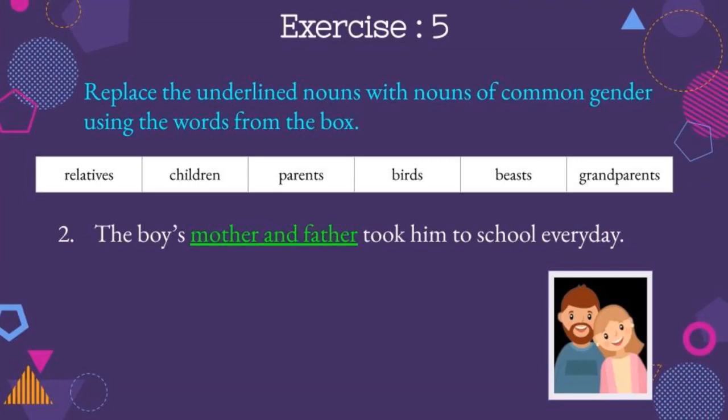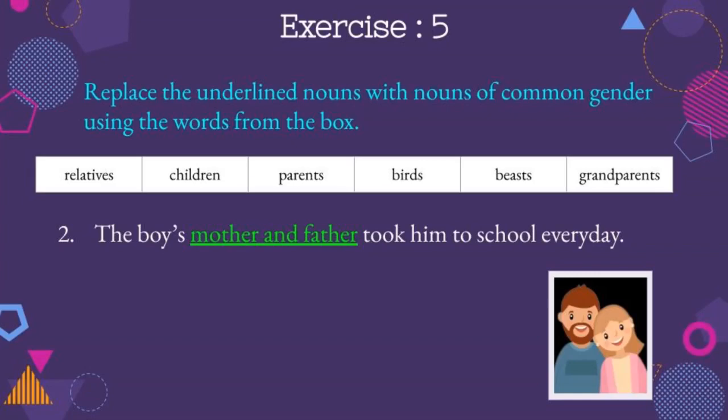And the second sentence is: The boy's mother and father took him to school every day. What is the second sentence? The boy's mother and father took him to school every day. Actually, the underlined words are mother and father. Now let us search for the common gender inside the helping box.